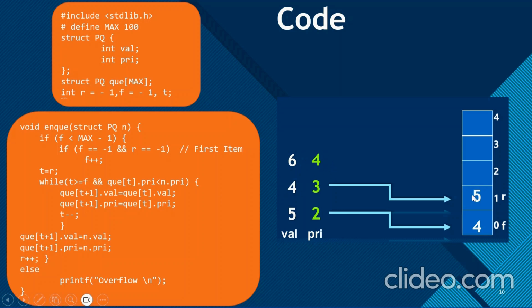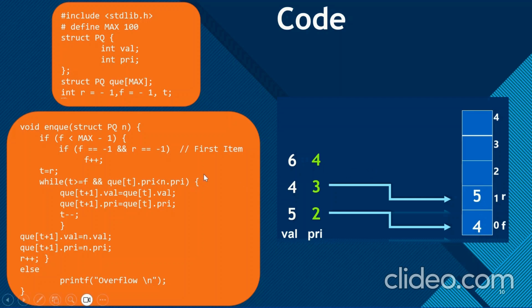So if we want to insert 6 here, we will have to move 5 to that place and insert 6 here, and the same process would be repeated for the 6 and 4. That means 4 should come here and 6 should go up to this position, or the 0th position.